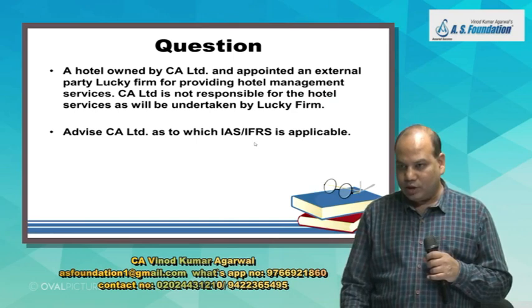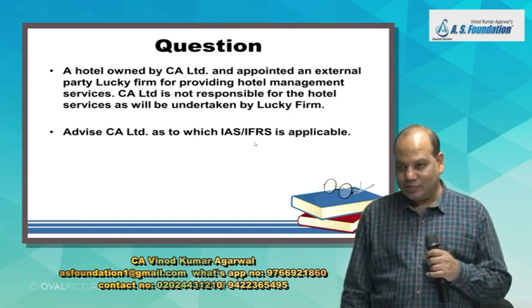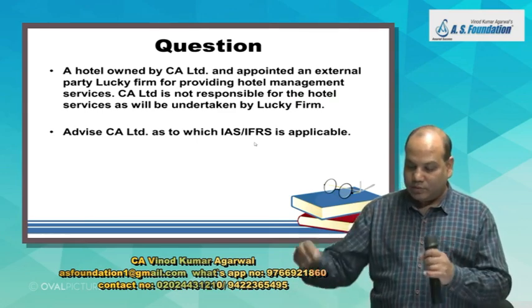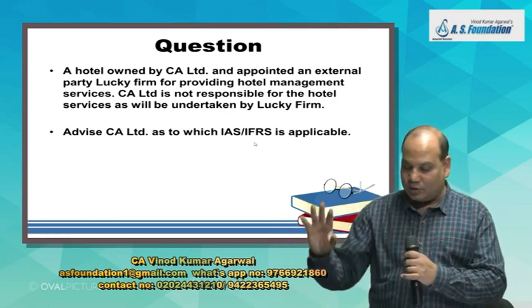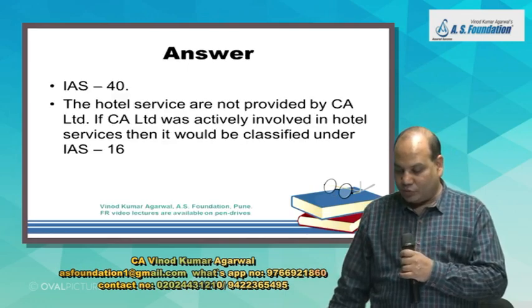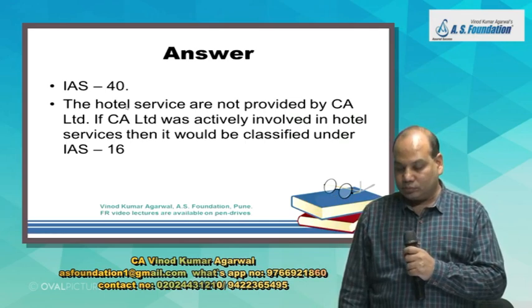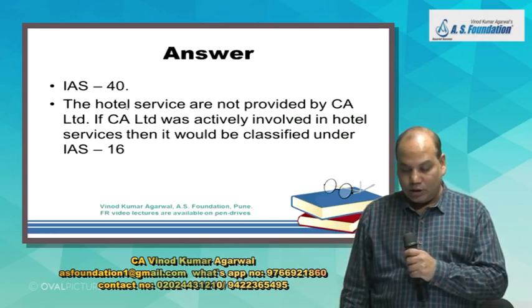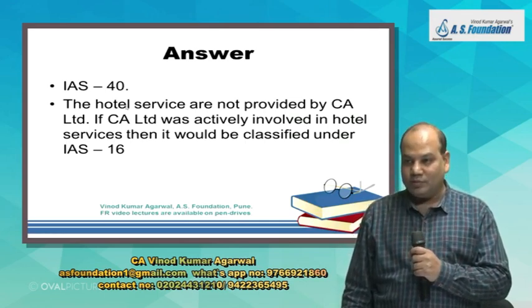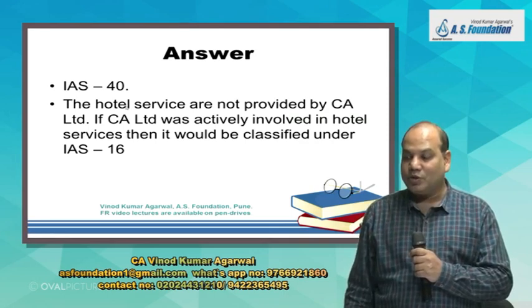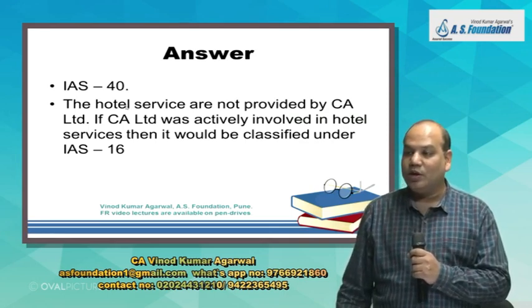IAS 40. But we had taken a similar problem earlier. This time it is a passive income here. You give that entire building to this company and you will get some money out of it. So IAS 40 will apply in this example. Earlier example, it was actively involved. You are responsible for the services, you are doing quality check on services.